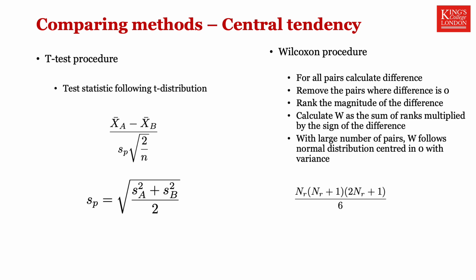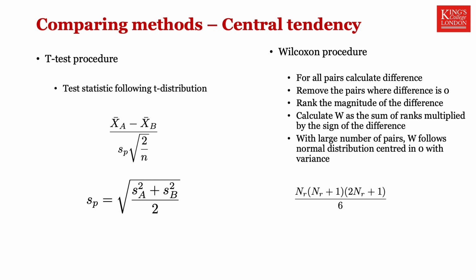If your t-statistic is larger than the expected critical value for the number of degrees of freedom, then you have to reject the null hypothesis, meaning that there is a significant difference between your methods. If it's lower, then you cannot reject the null hypothesis and you cannot say that your two populations have a different mean.